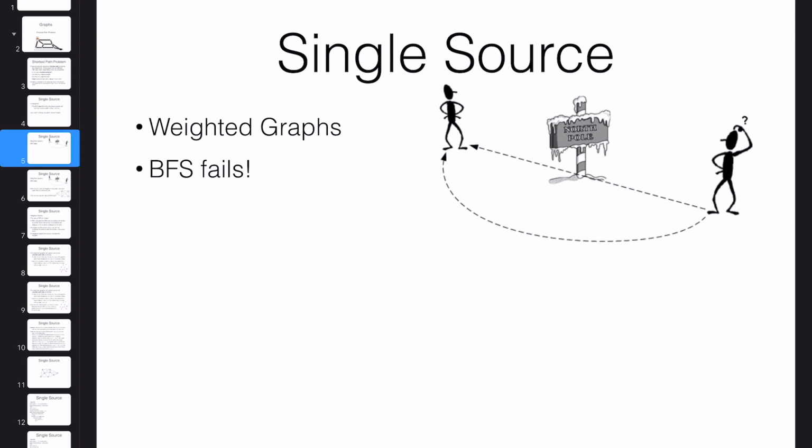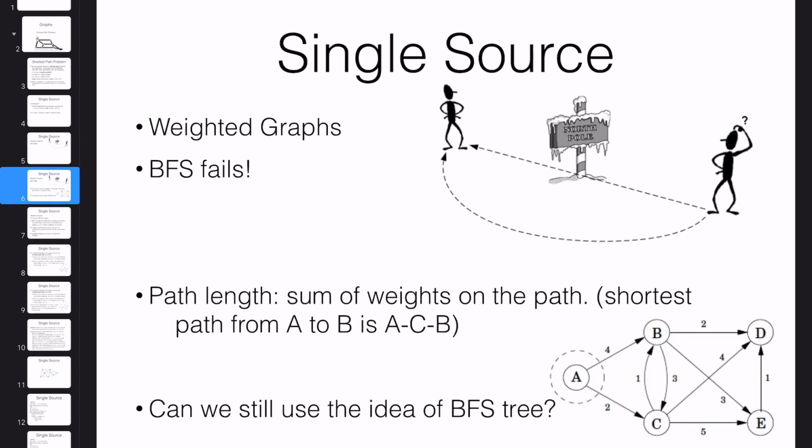So what would happen if we add some weights to the edges over the graph? Is the BFS going to give me the optimal answer? The short answer is no. The BFS is going to fail if you have a weighted graph.